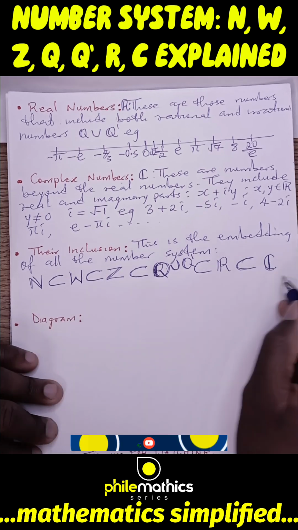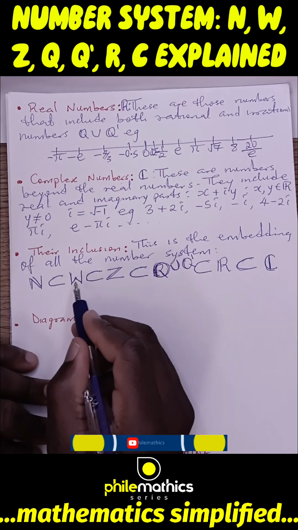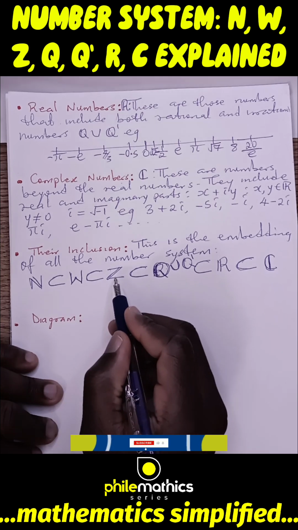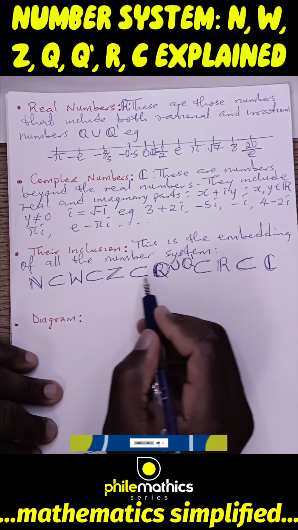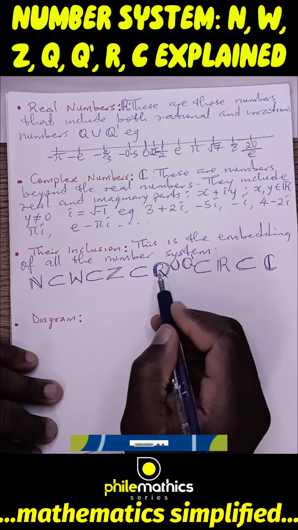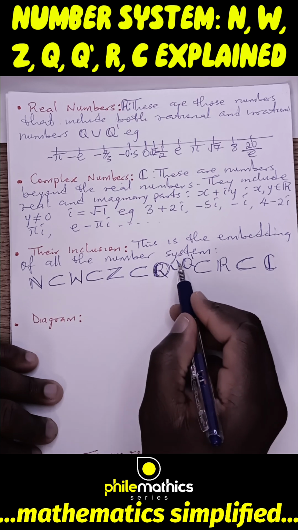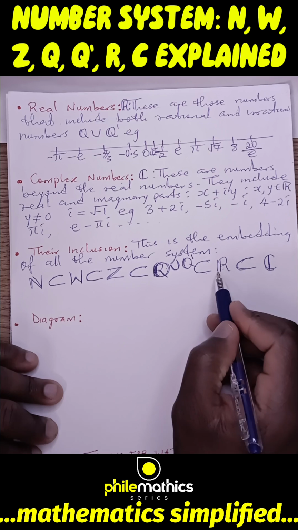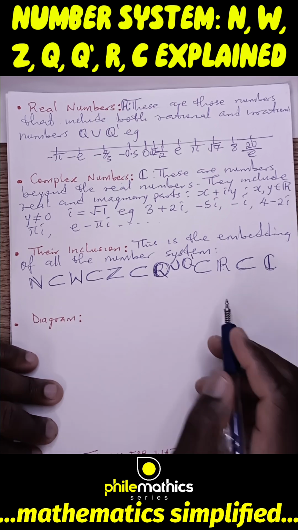So this is what we call the inclusion. Natural numbers are a subset of the whole numbers, a subset of the integers, a subset of the rational numbers, and the rational numbers union the irrational numbers are a subset of the real numbers, and the real numbers are a subset of the complex numbers.